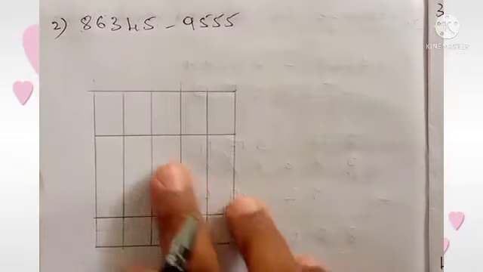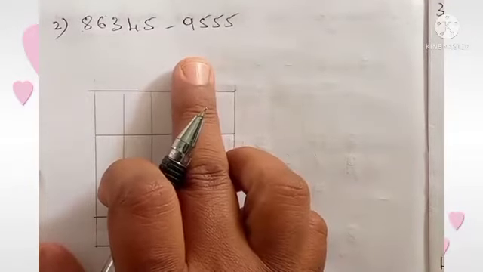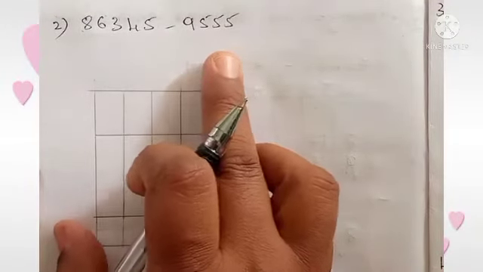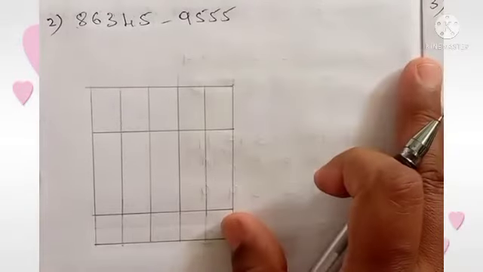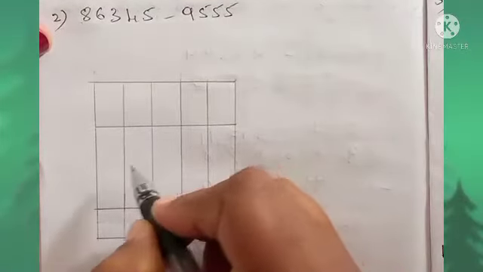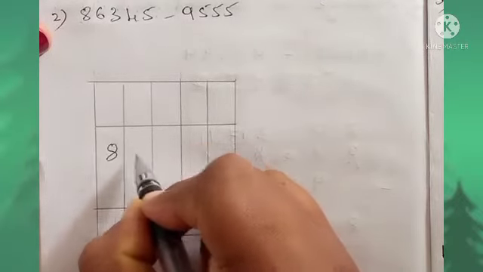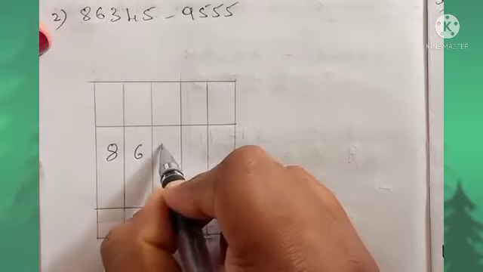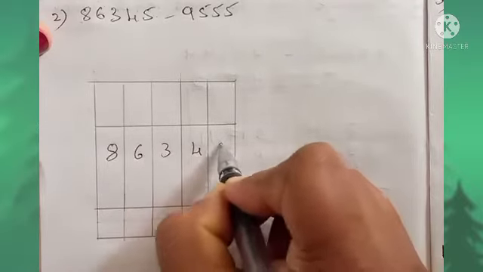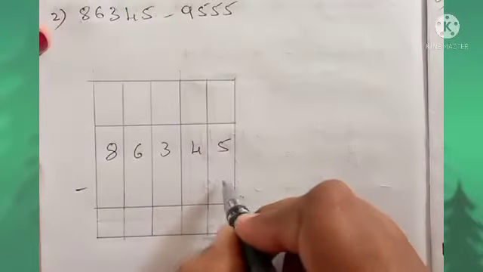Now second one, let us do the second one, dear children. See dear children, I have written here 86,345 minus 9,555. So let's arrange the numbers. Okay. So 86,345, start from here. Minus 9,555, start from the ones place.